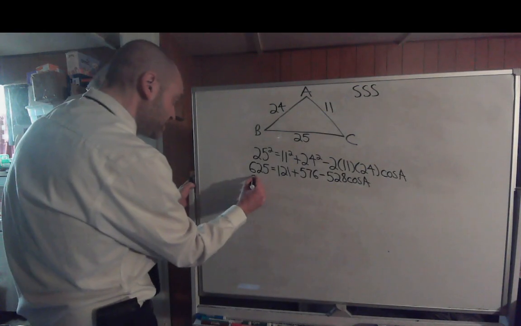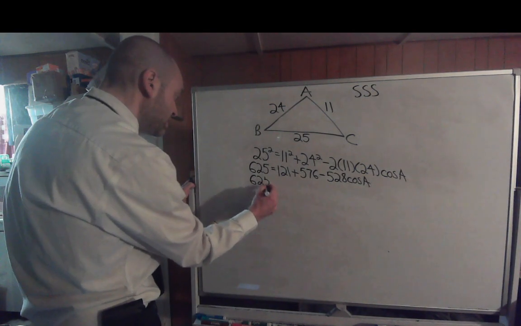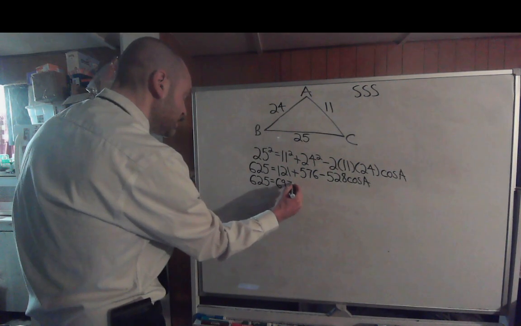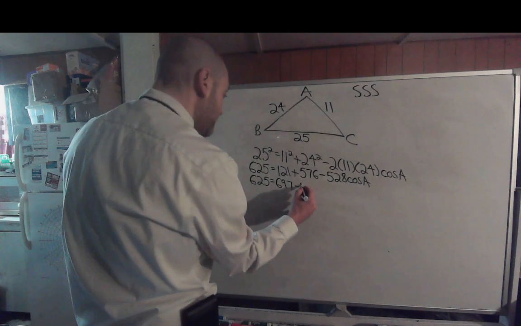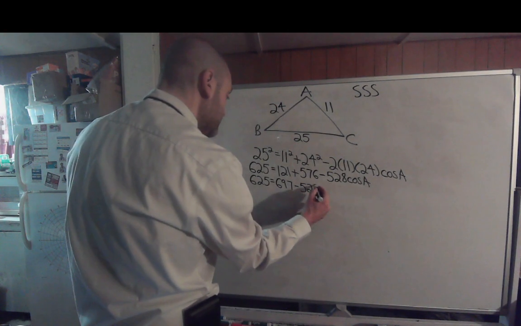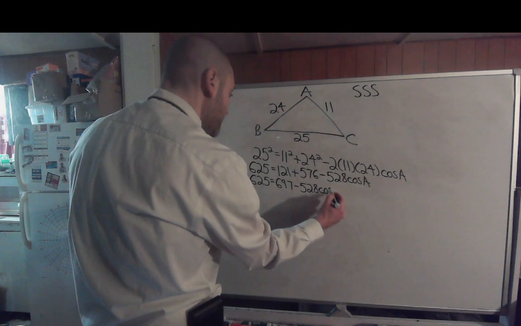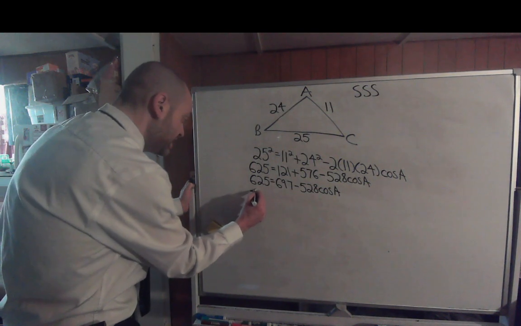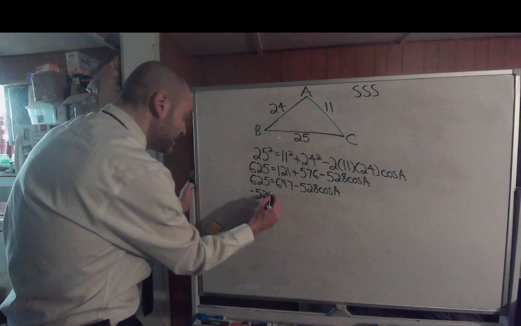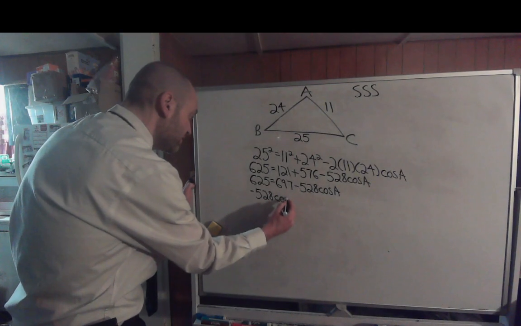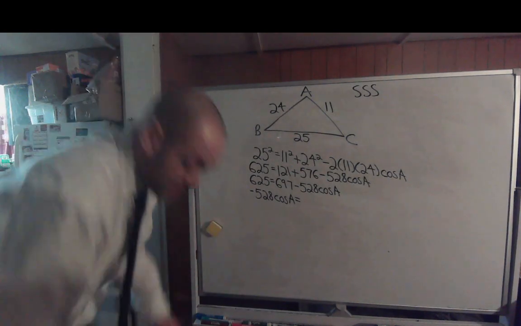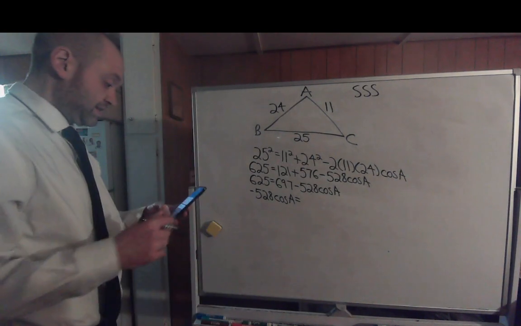So then 625 is going to equal 697 minus 528 times the cosine of A, which then means you would get negative 528 times the cosine of A is going to equal 625 minus 697.